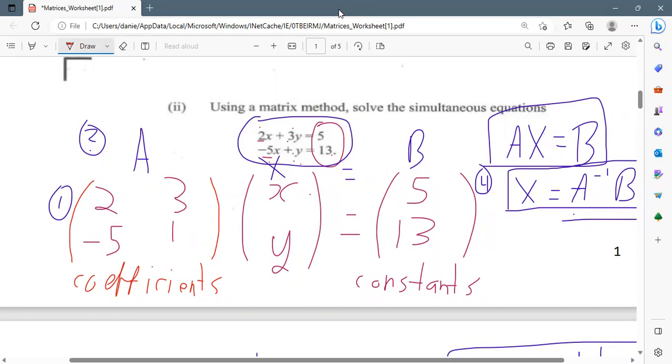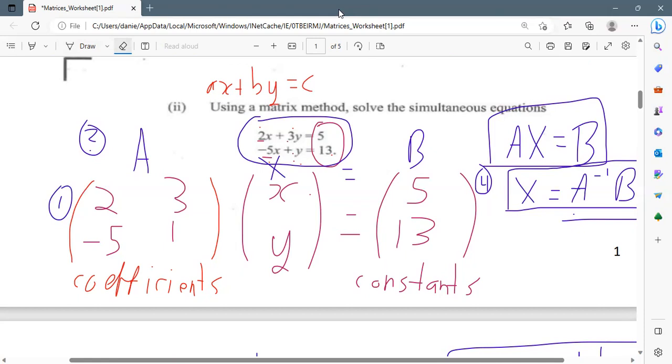XY doesn't change because that is the matrix with the unknowns you need to solve for, and it's equal to the constants, the C's, which are what's across the equal sign. If it's not in that form, you need to get it in that form in order to use this method for simultaneous equations.